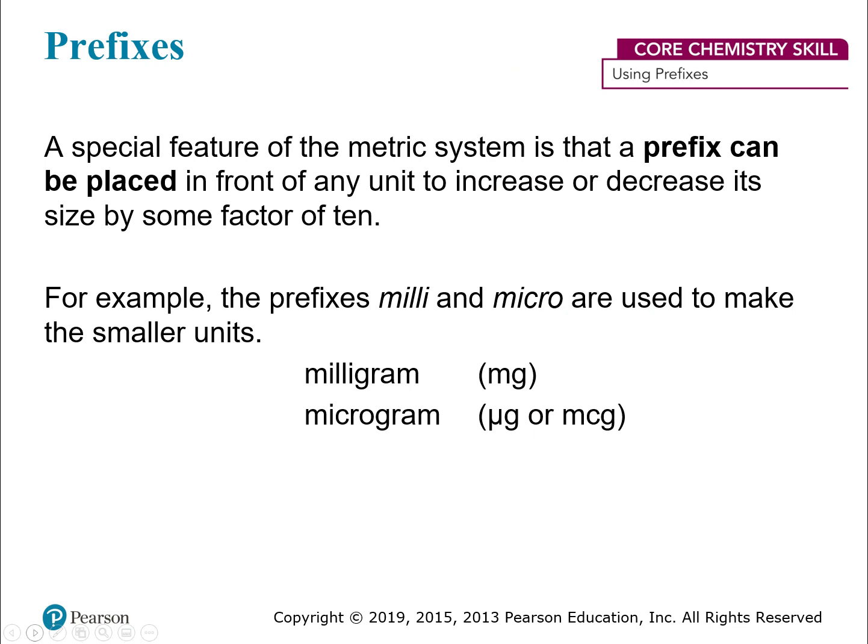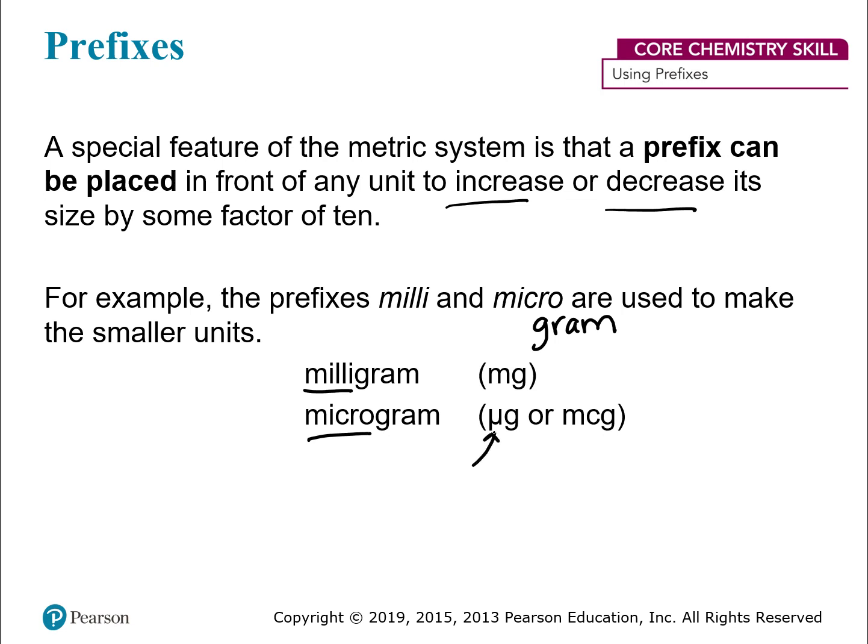So prefixes are put in front of any unit in the metric system to increase or decrease its size by some factor of 10. An example would be to use milli and micro. That can take a gram and make it smaller: milligram or microgram.